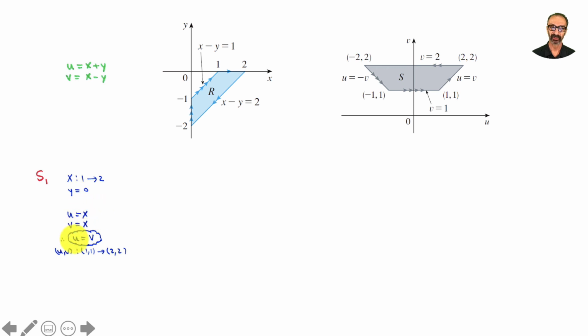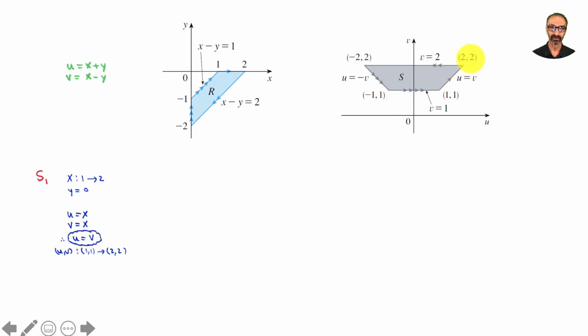Well, that says also that u equals v. So on the uv plane, when you say y equals x, that's a 45-degree slope of 1, y-intercept 0. That's this line right here. If you connect it, it's u equals v, or v equals u, either way you want to call it. It's a 45-degree line.